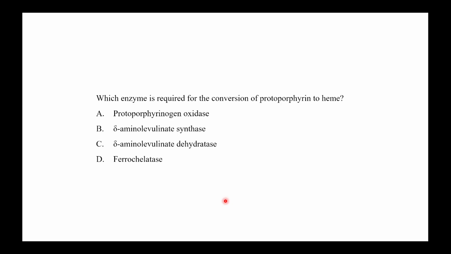Which enzyme is required for the conversion of protoporphyrin to heme? Option A is protoporphyrinogen oxidase. Option B is delta aminolevulinate synthase. Option C is delta aminolevulinate dehydratase. And option D is ferrochelatase.